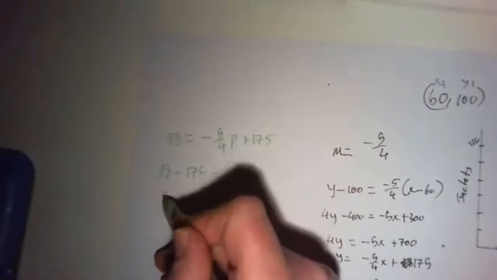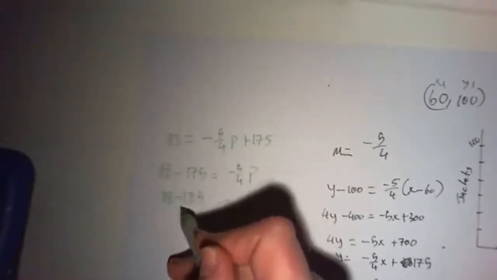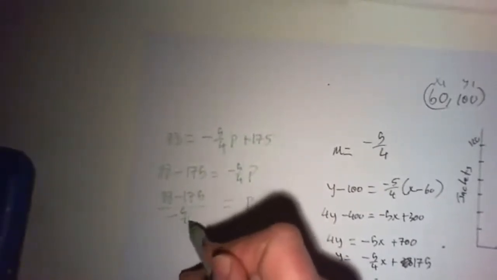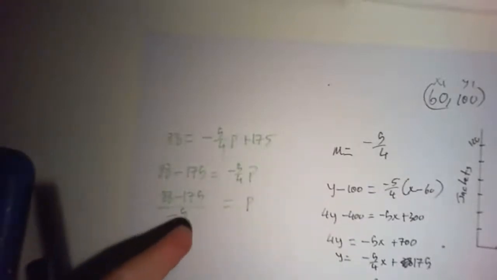P is equal to 88 minus 175 divided by minus 5 over 4. Now, that's minus 1.2. I'm going to use my calculator again. Bear with me. 88 minus 175 and divide that by 1.2, and it's negative, so it's going to cancel it out.